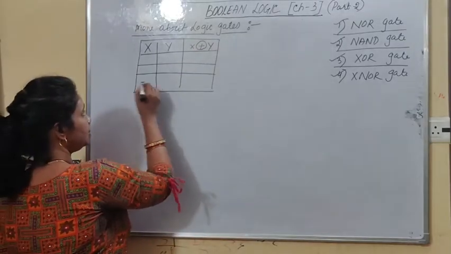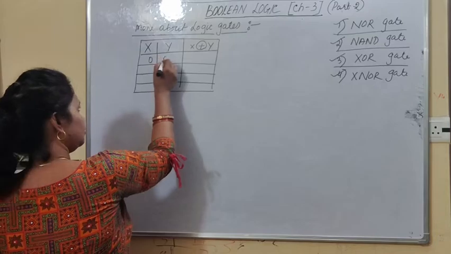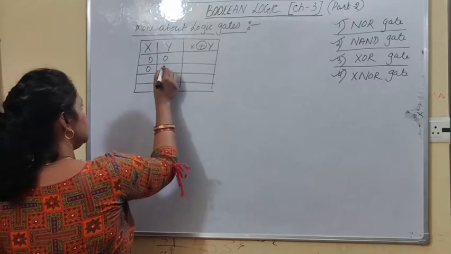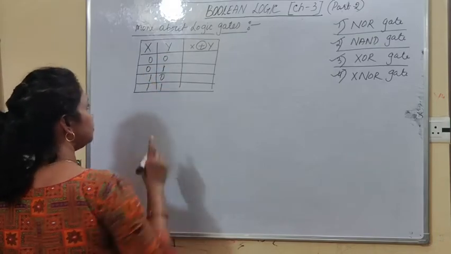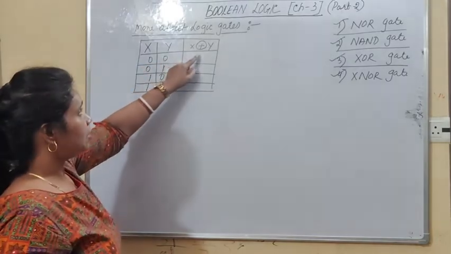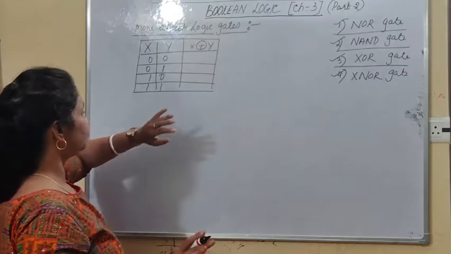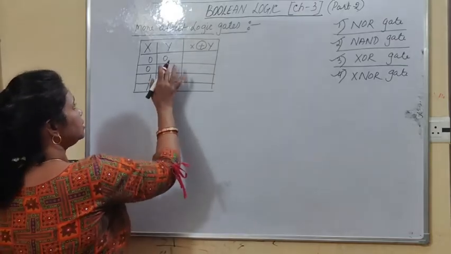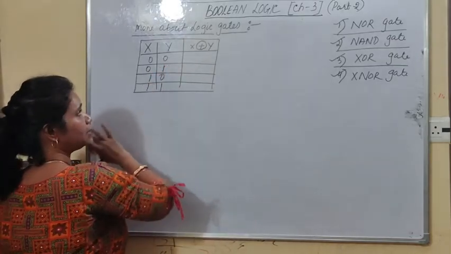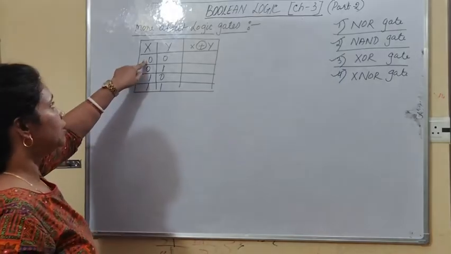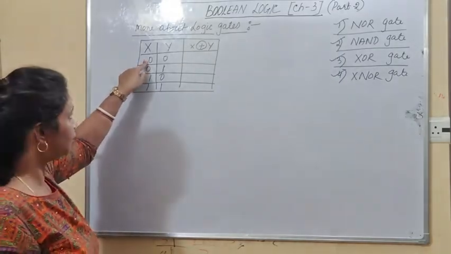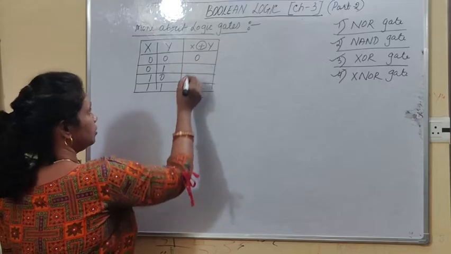And for two variables, how many input combinations do you have? Same as before: 0 0, 0 1, 1 0, 1 1. But the output of the exclusive OR operator is 1 if the input combination has an odd number of ones. That means here you can see 0 ones, so it is an even number, so the output is 0.